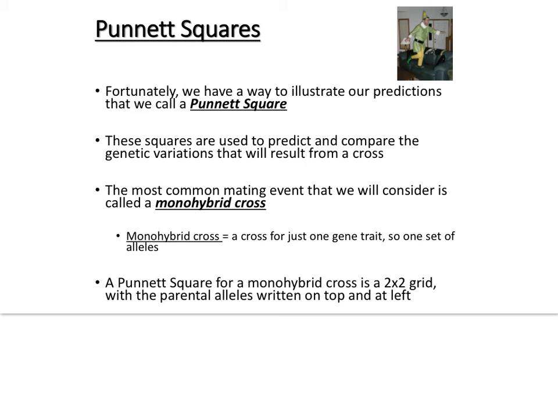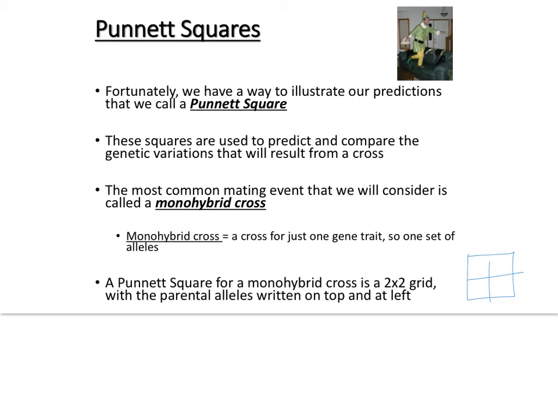Now, the most common mating event that we consider is a monohybrid cross. Mono meaning one, right? So this is where you form a hybrid, and you're looking at the cross of just one particular trait. So like height or color of the seed, etc. Now a Punnett square for a monohybrid cross is drawn as a simple 2x2 grid, right?